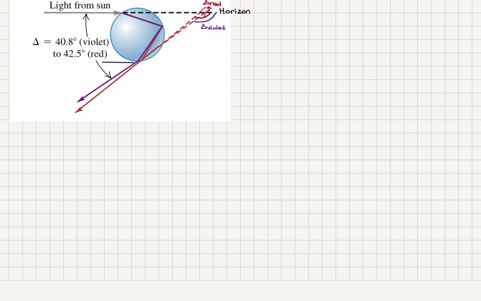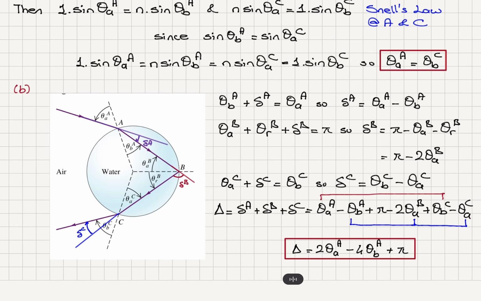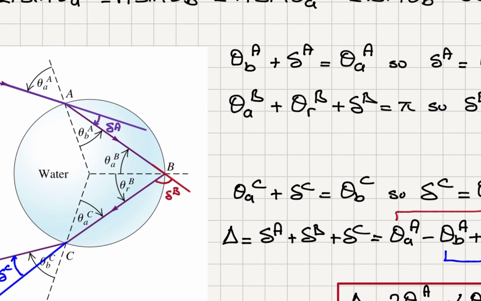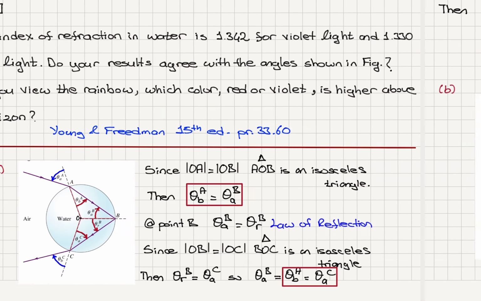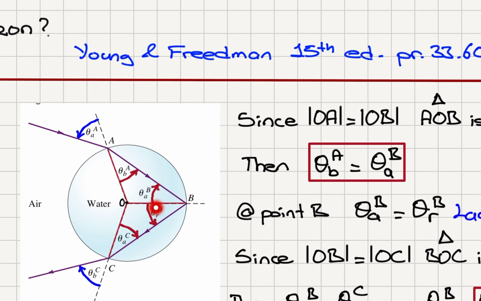So let's take a look at that result. It is pi minus theta AB and theta RB, but these two are the same, and that is equal to the angle of refraction at point A, because remember that this is an isosceles triangle.